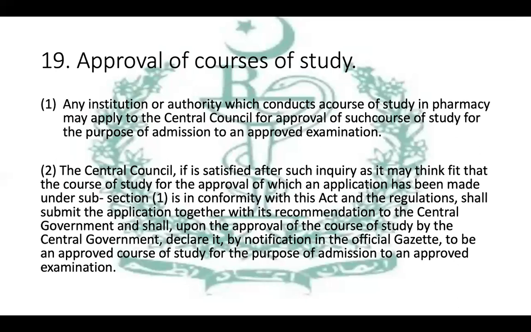So if an institution or authority applied for such a course and it is approved by the Pharmacy Council, then it has to be declared by notification in the official gazette of Pakistan, where they show that these courses are approved. Is it clear? Any question?